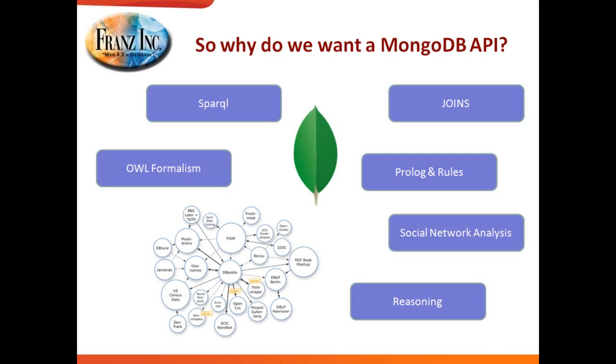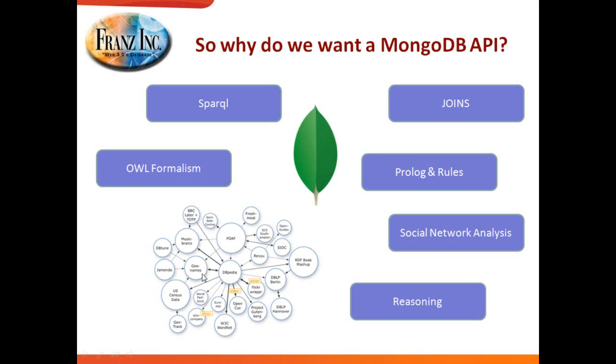If you want to, say, treat your MongoDB storage also as a knowledge base, and you want to play with Prolog and rules, well, then you can't do this. If you have a big graph in your MongoDB database, you will have to write your own social network analysis functions, et cetera.